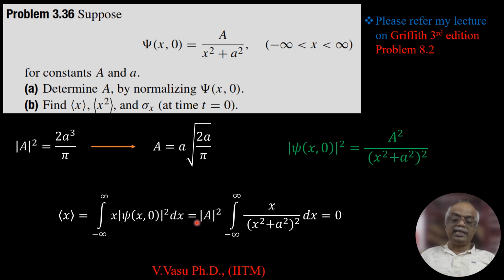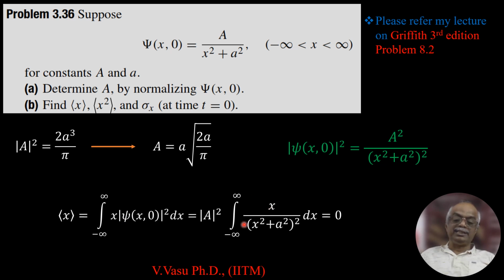Now this can be written as modulus A squared times the integral. I have taken modulus A squared outside because modulus psi squared is equal to a squared divided by x squared plus a squared, whole squared, and here I have taken x as it is.